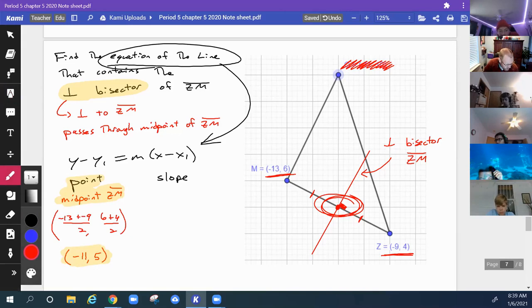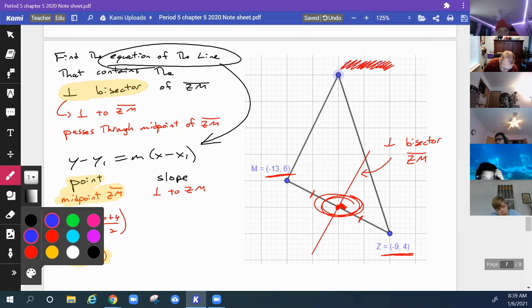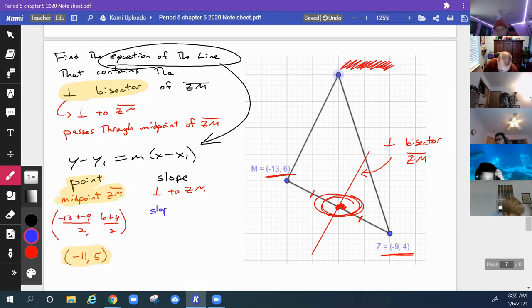Once we get that, remember the slope. The slope is perpendicular to ZM. The slope of ZM is going to equal 6 minus 4 over negative 13 minus negative 9. So that's going to be 2 over negative 4.